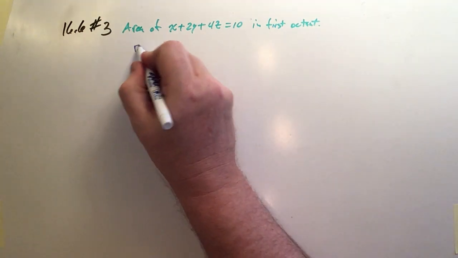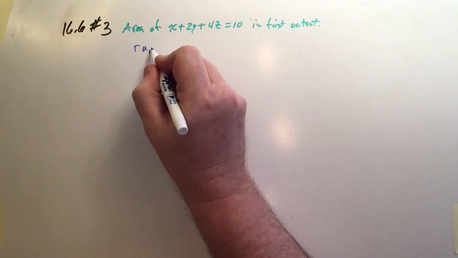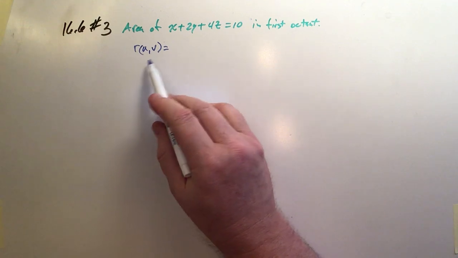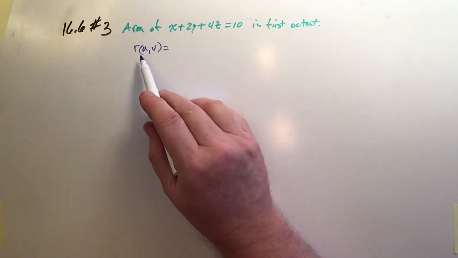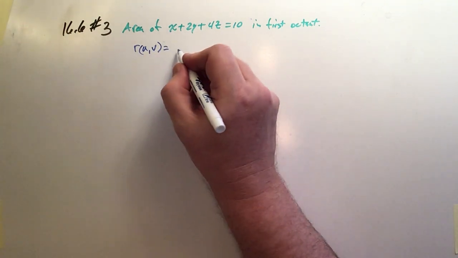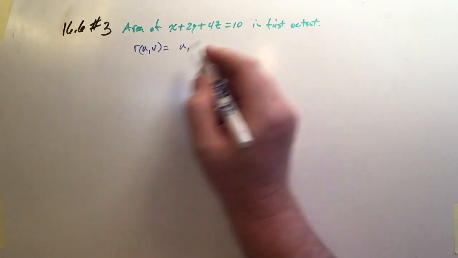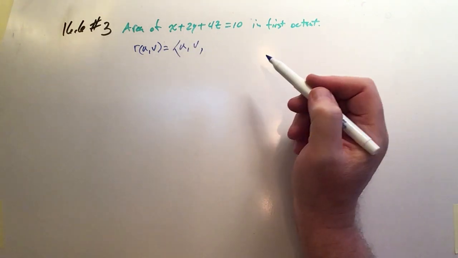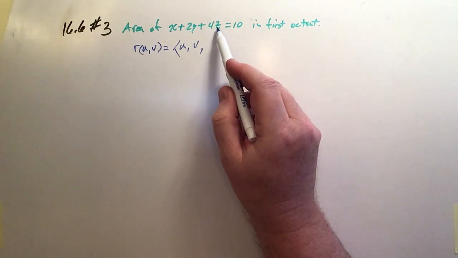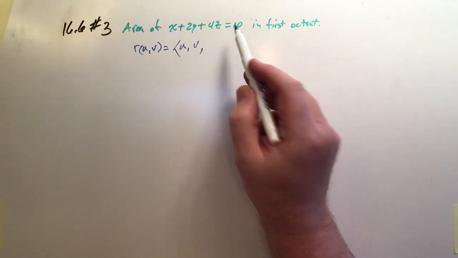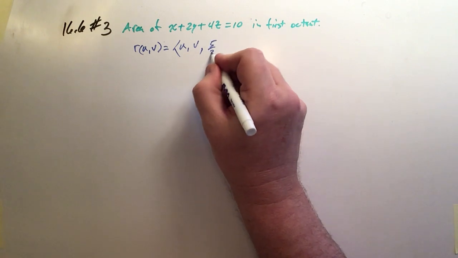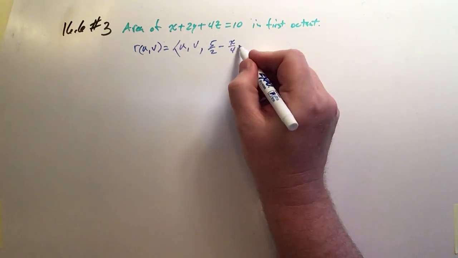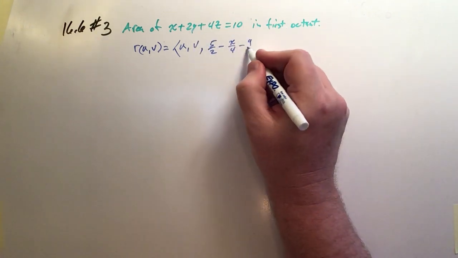Probably the easiest way to find a parameterized function of 2 variables is simply assign this to the first 2 variables. So u is going to be x, and v is going to be y. And then, of course, we simply solve this guy for z. So z is actually going to be equal to 5/2 minus x over 4 minus y over 2.